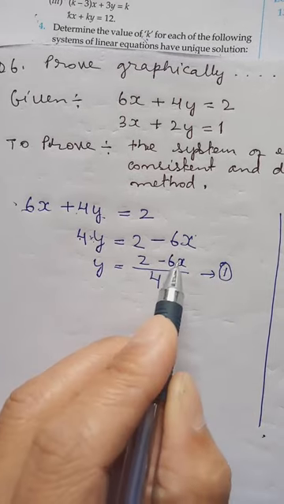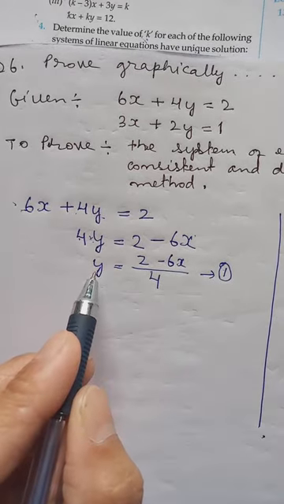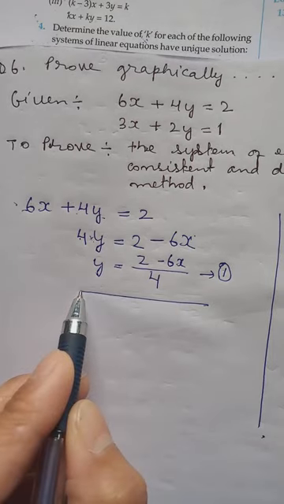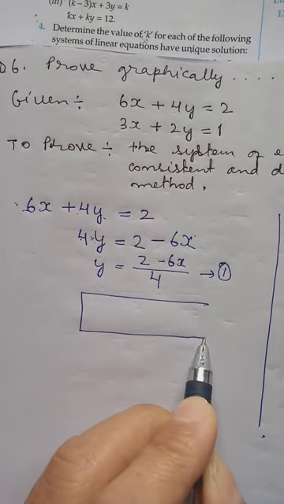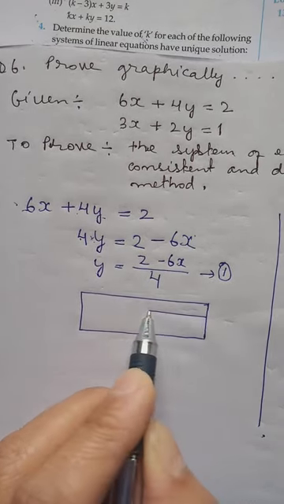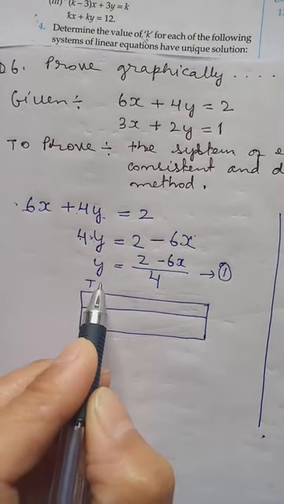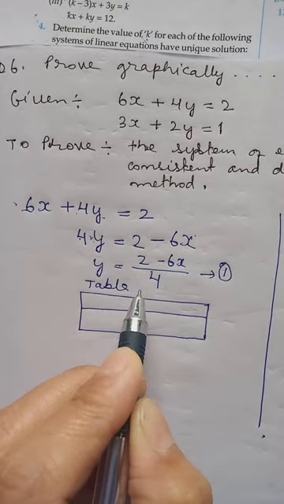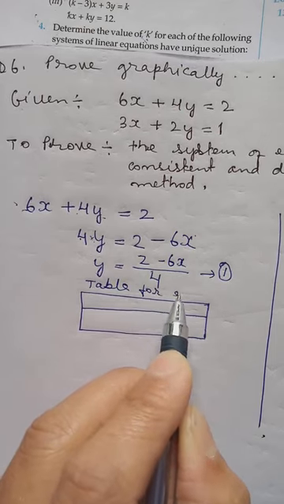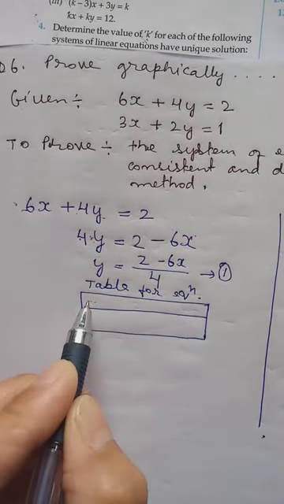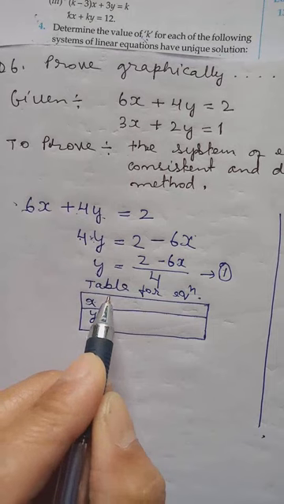So now we can choose any 3 values for x, then we will replace them to find y. For that purpose, I will draw one table. You can choose any value for x, but not for y. You may choose either plus or minus.